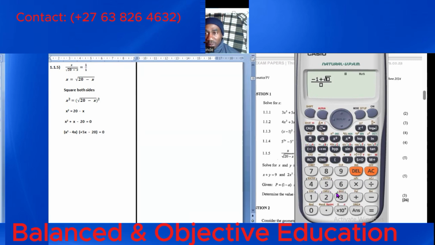So 1 squared is 1 times 1, right? So that remains 1. Then minus 4, then multiply by a, which is 1, then multiplied by c, which is negative 20.